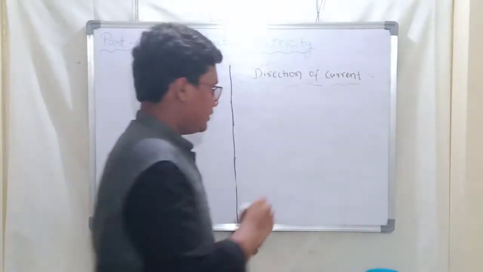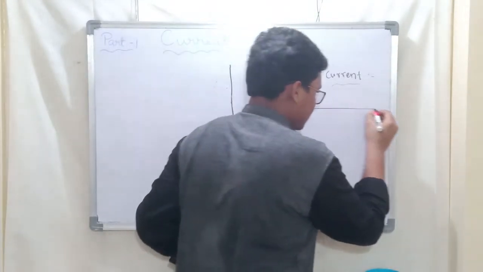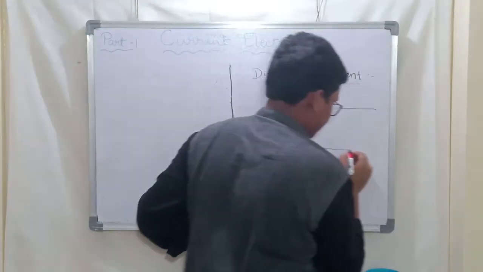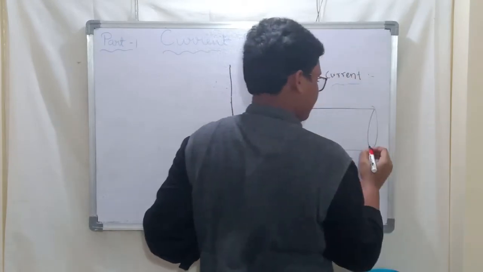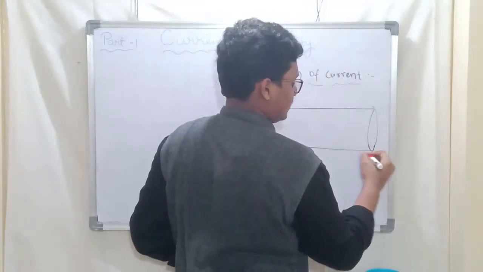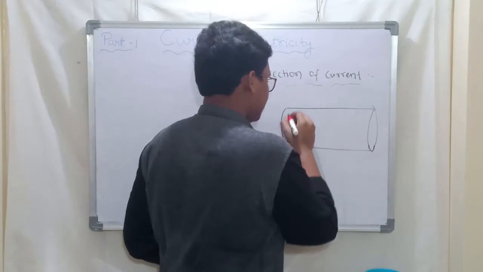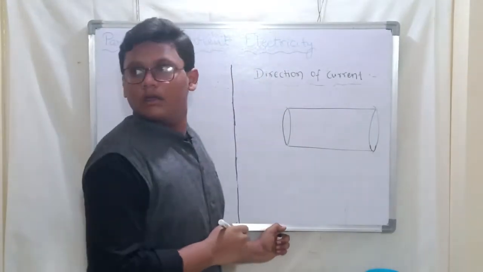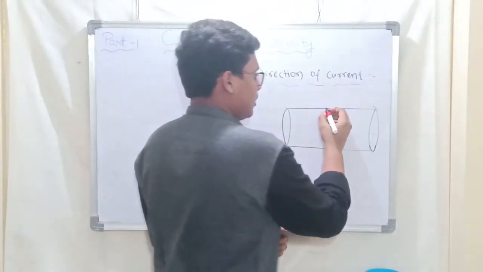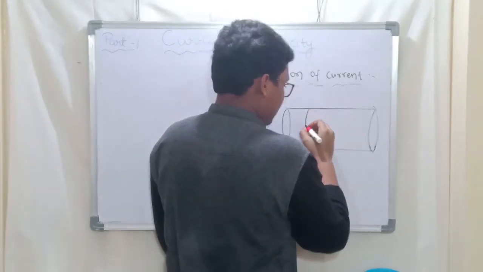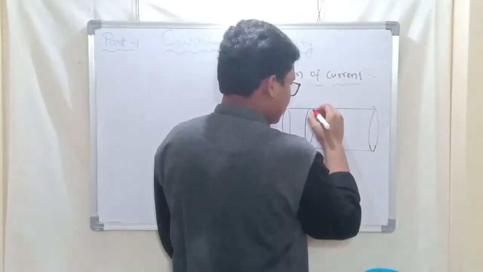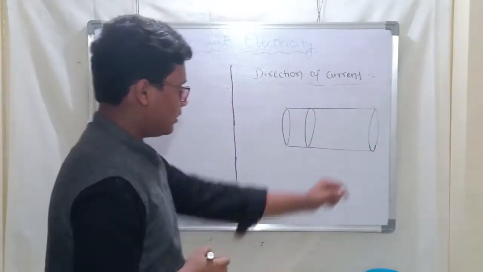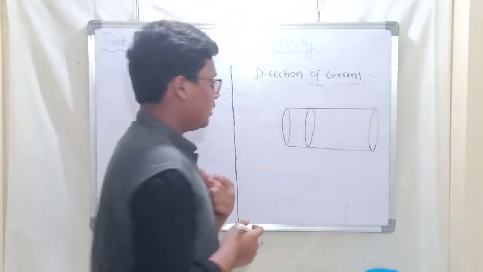See, if it is a conductor, this is a cross-sectional area.